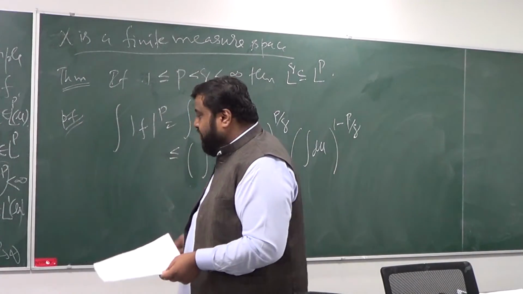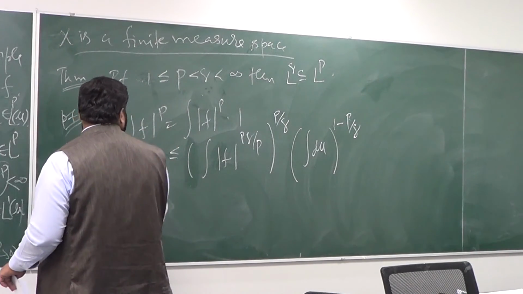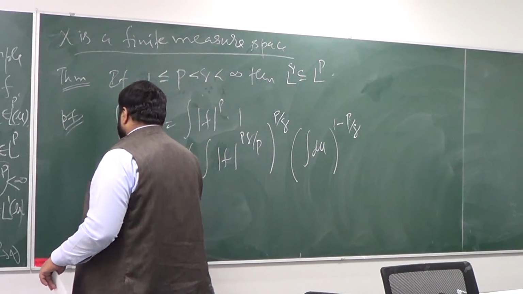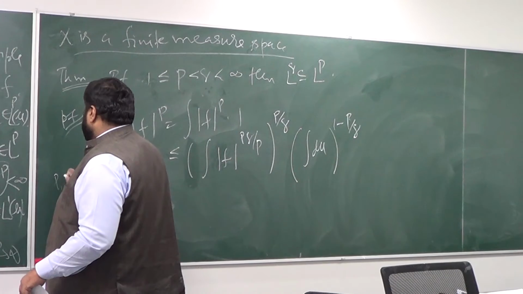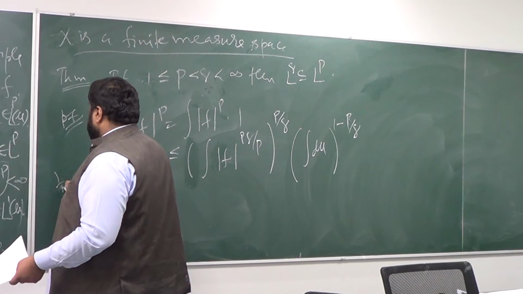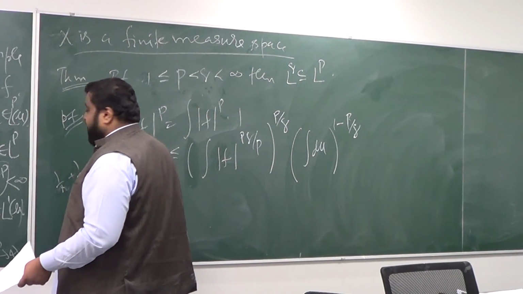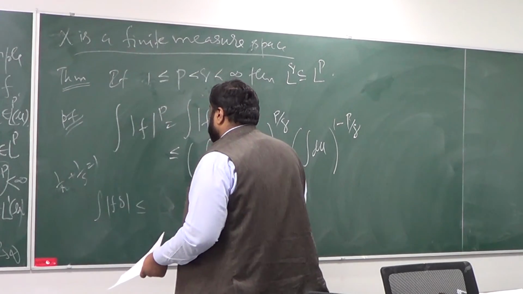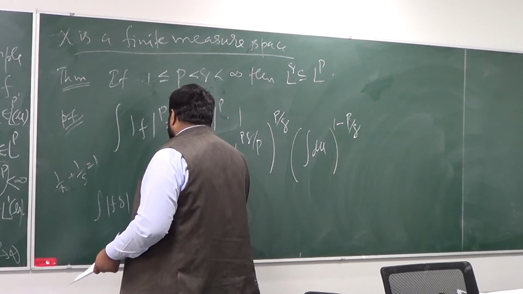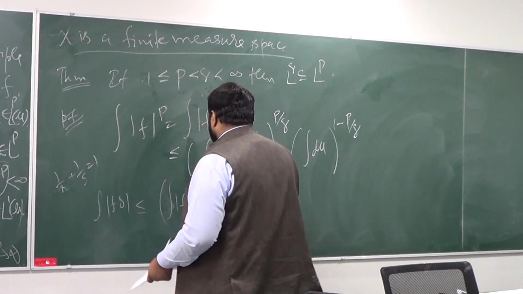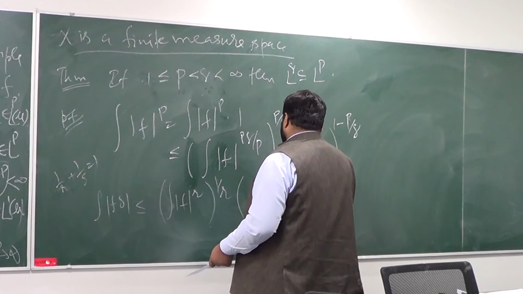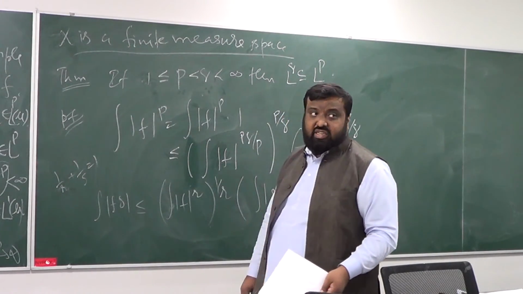Let's compare it with the standard Holder inequality. Holder's inequality tells you that if you have fg, and you have two conjugate numbers, say R and S, so that 1 over R plus 1 over S equals 1, then this would be the same as the norm of f in L^R to the power 1 over R, times the norm of g in L^S to the power 1 over S. So that's the standard inequality.